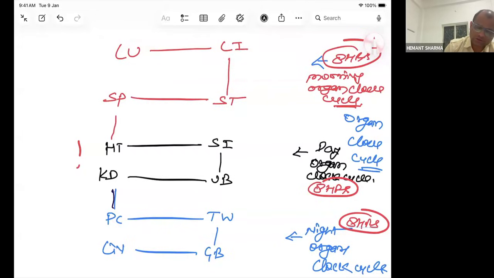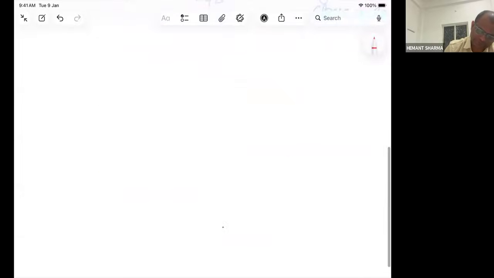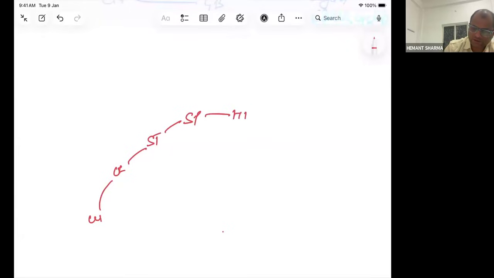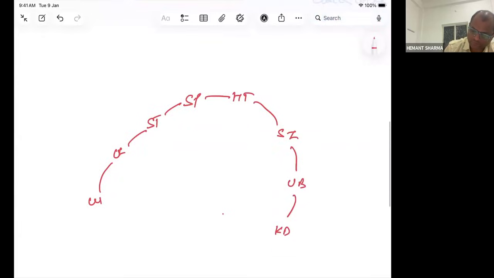Now you also can see this organ clock cycle can be made in this way also. Lung, large intestine, stomach, spleen, heart, small intestine, urinary bladder, kidney, pericardium, triple warmer, gallbladder, and liver.